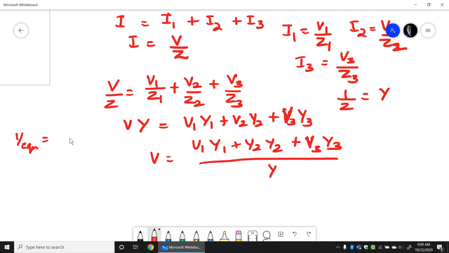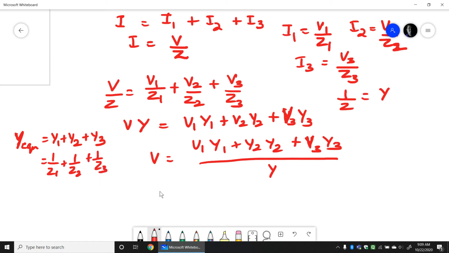It is nothing but the summation, because when impedances are in parallel and you take the admittance of the impedances, we sum up the individual admittances. Okay, so Y equivalent now is Y1 plus Y2 plus Y3, which is nothing but 1 over Z1 plus 1 over Z2 plus 1 over Z3.